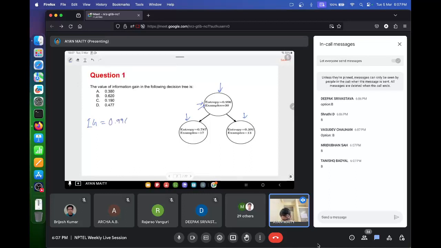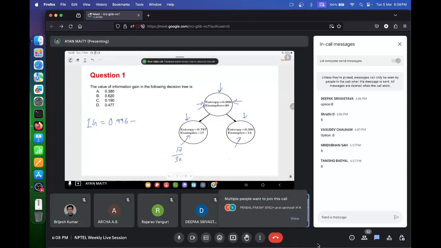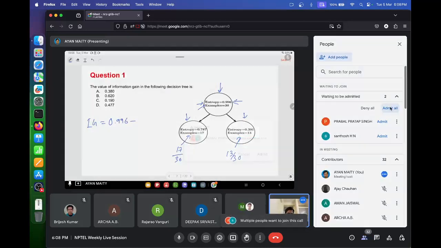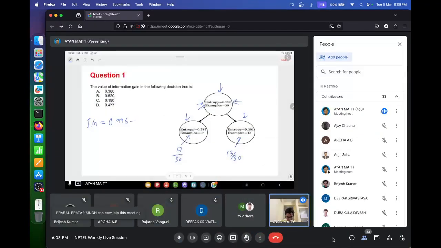Here it's this one, 0.996, and then you have to subtract the total entropy of the children nodes, which will be weighted by the fraction of the examples that are going to each of these individual nodes. The fraction of examples going to the left subtree is 17 by 30, and for the right subtree that fraction is 13 by 30. So these are the weights for these two branches.